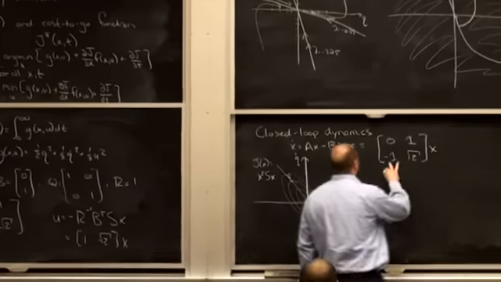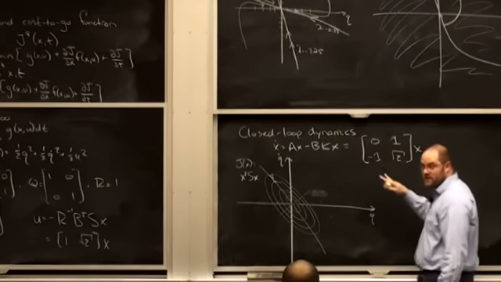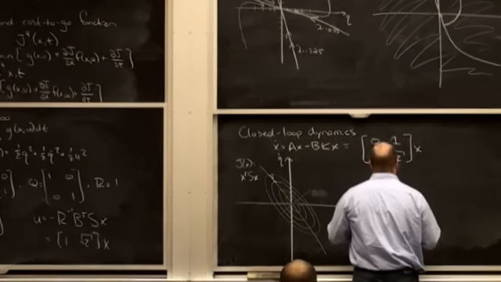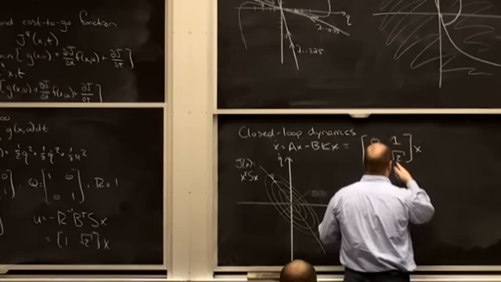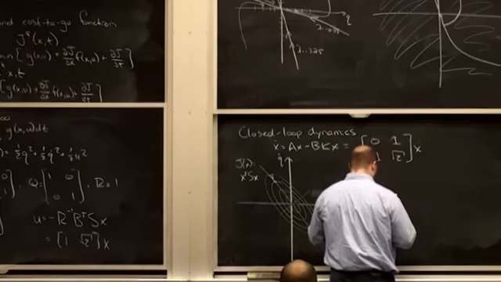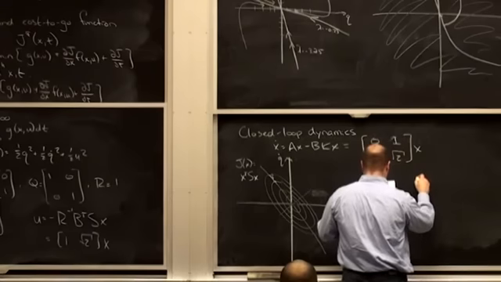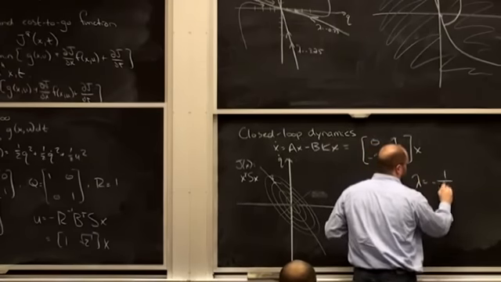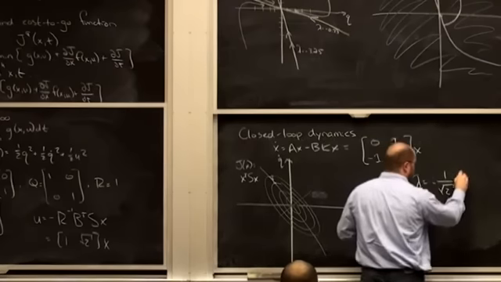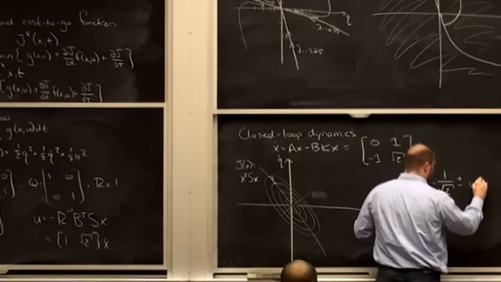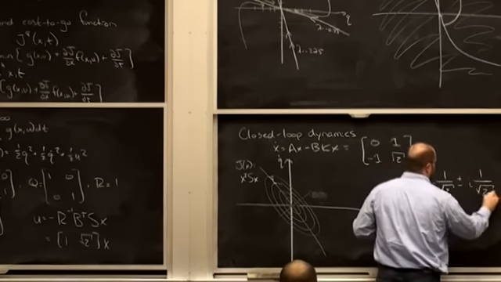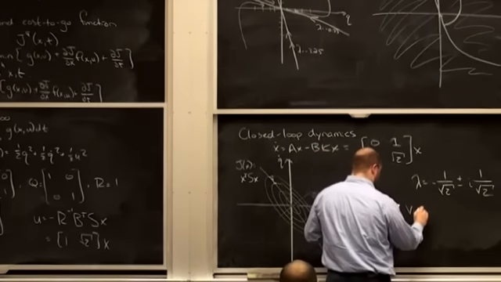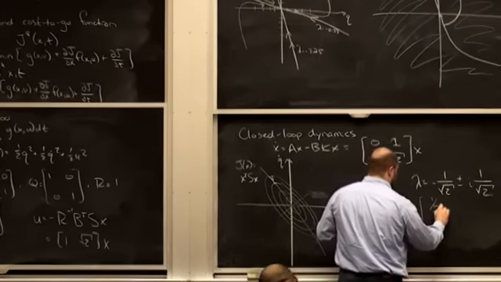And the resulting closed loop dynamics, let's see if we can figure that out. If I take the eigenvectors and eigenvalues of that, it turns out I'm not going to make the plot. My eigenvalues were negative 1 over square root of 2 plus or minus i times 1 over square root of 2.